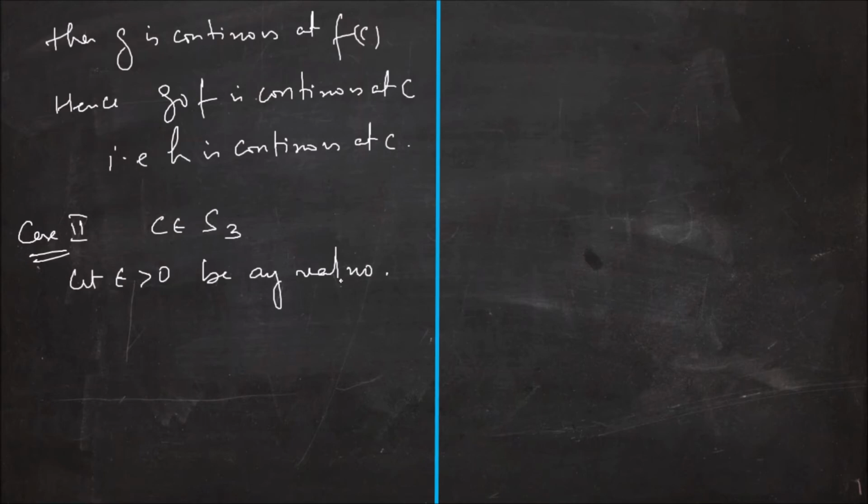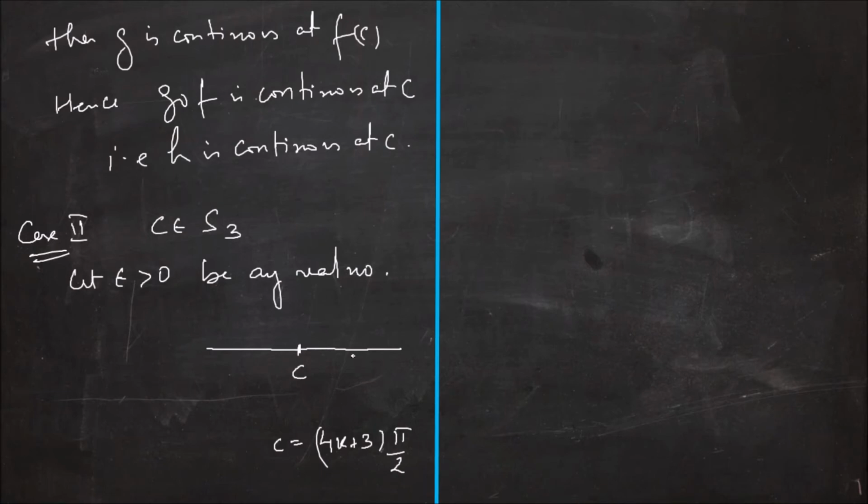We have to find delta such that |x - c| < delta implies |h(x) - h(c)| < epsilon. Since c belongs to S3, c is of the form (4k+3)π/2 for some k.